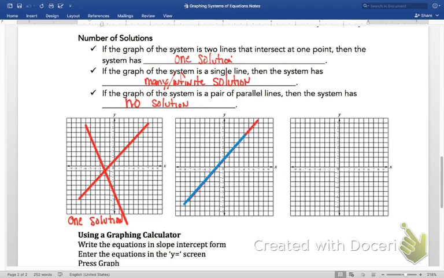Remember, if they're parallel, are they ever going to intersect? Nope. So if they're parallel, they are never going to intersect. So there can't be a value where they cross. There can't be a value that's going to work. So if they're parallel, it's not going to have a solution.